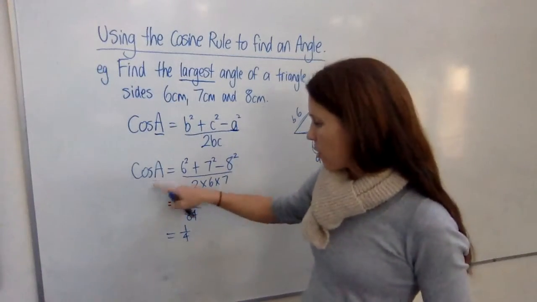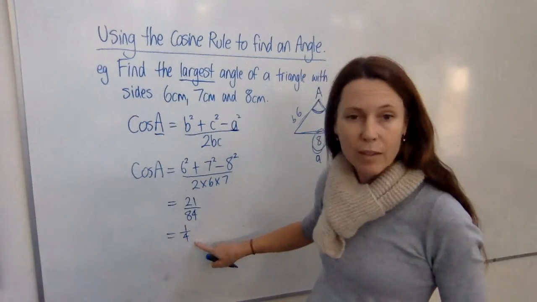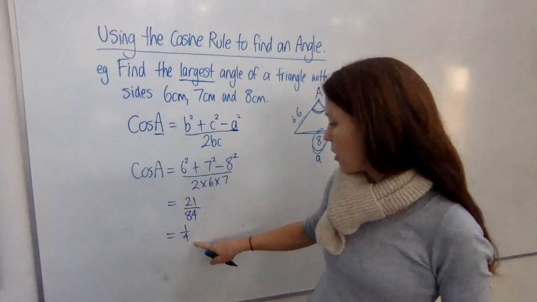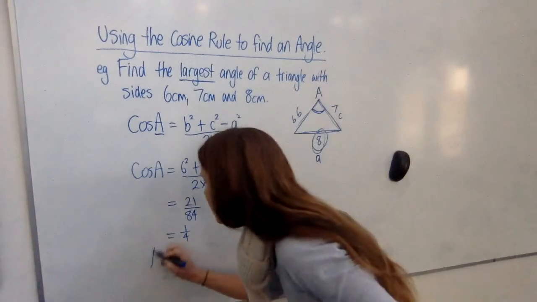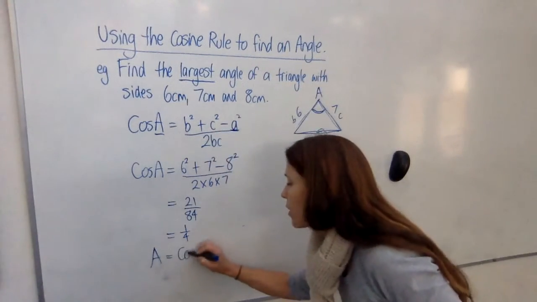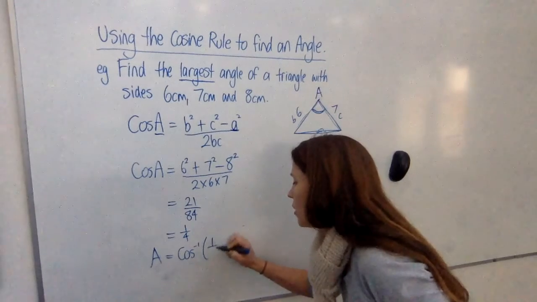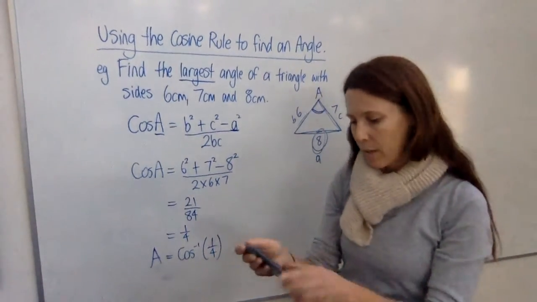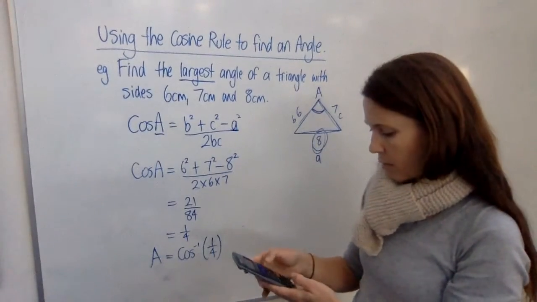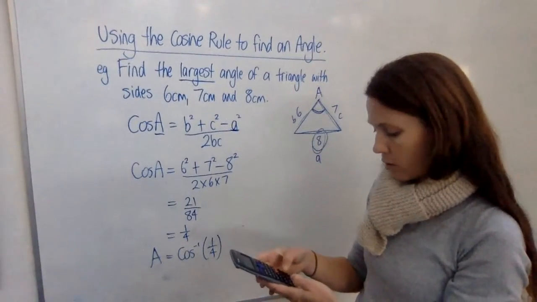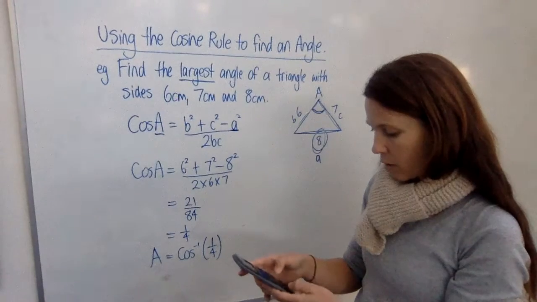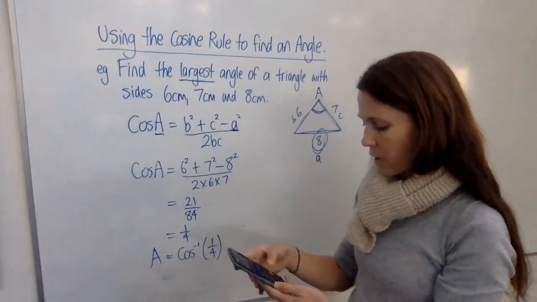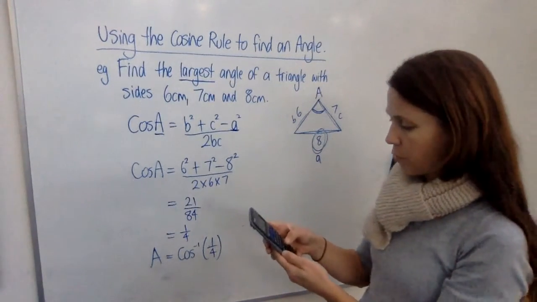Now, don't forget all this time we've been finding cos of A, so don't get to here and think that we're finished. If we want to find what A is, we need to find the inverse cos of a quarter. So at that point, we reach for our calculator, if we haven't already, and put in shift cos and a quarter, and we get 75.5 degrees.